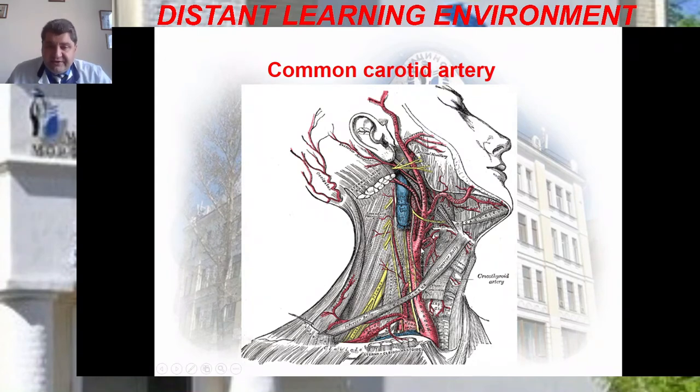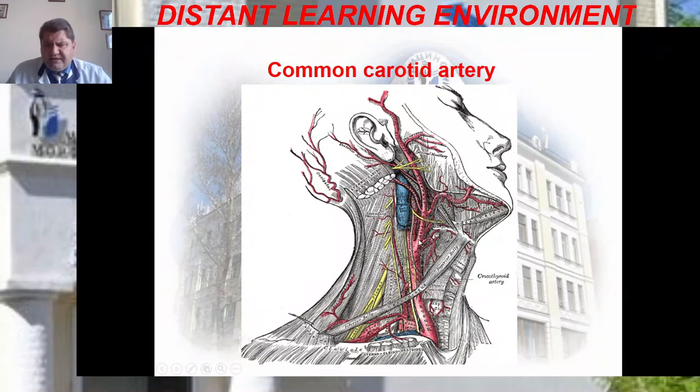The common carotid artery divides into terminal branches. You may see on this picture that it gives no branches for organs and tissues before this, but you may see two terminal branches which arise from the common carotid artery.